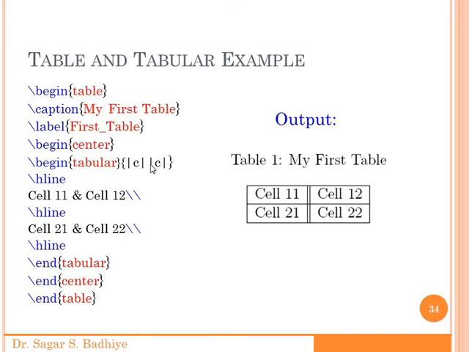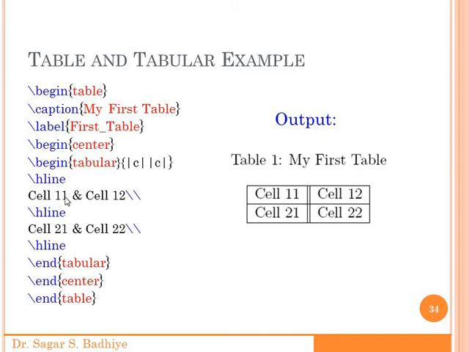So it will actually create 3 columns, but the second column will not have anything, as we have not placed anything, so that will be just a separation line. Then \hline creates a horizontal line at the top of the table, and after that I will be adding the content of the table. So this is cell 11 and cell 12, and this ampersand is used to separate the text of different cells or different columns in a particular row.